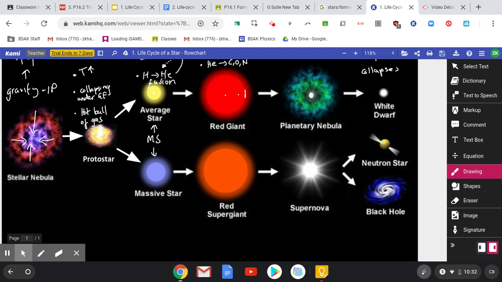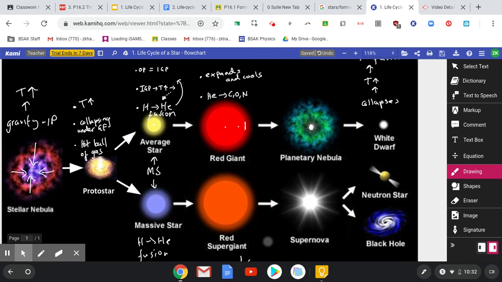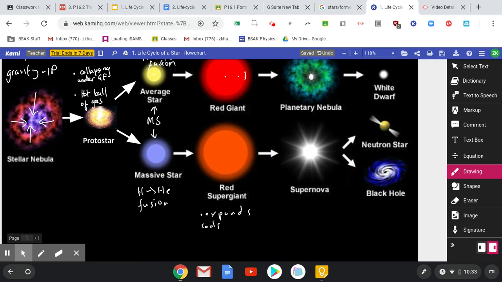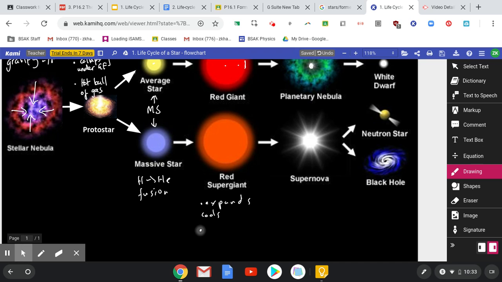Now, eventually, what's going to happen is this hydrogen helium fusion that is taking place in the main sequence star, the hydrogen is going to run out, and the star, again, expands and cools after going through a series of intermediary steps and triggers further fusion from helium.